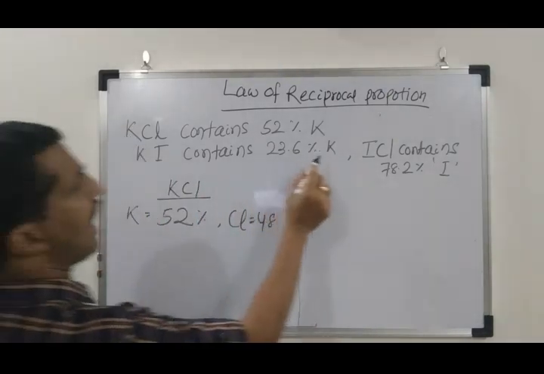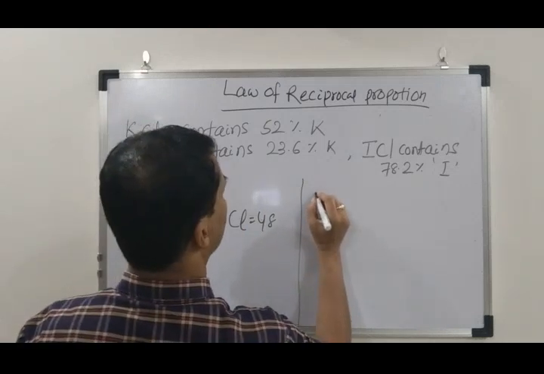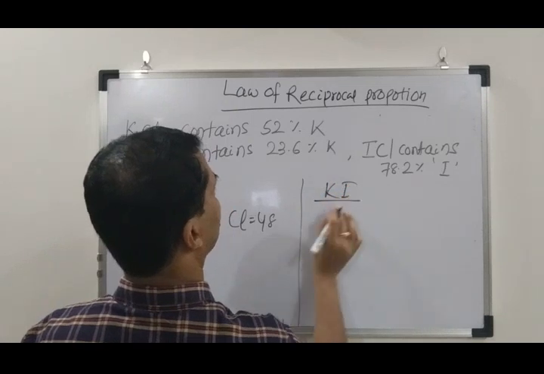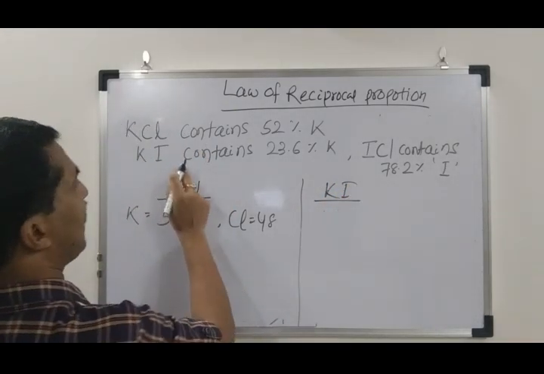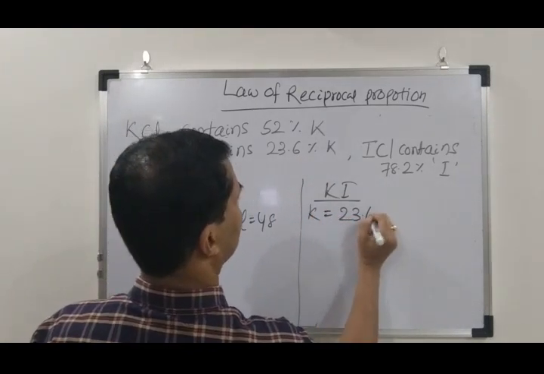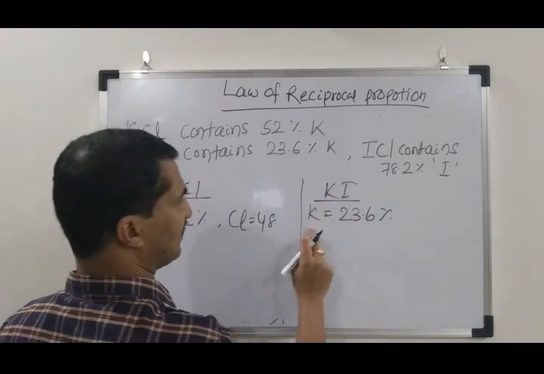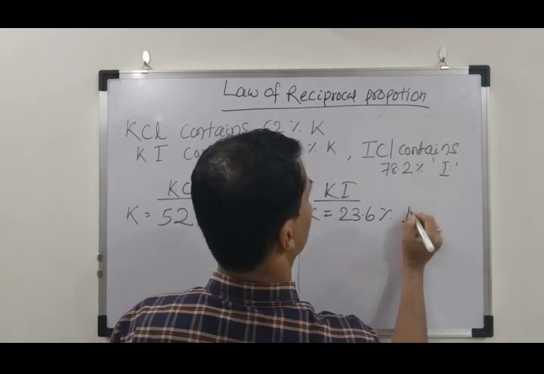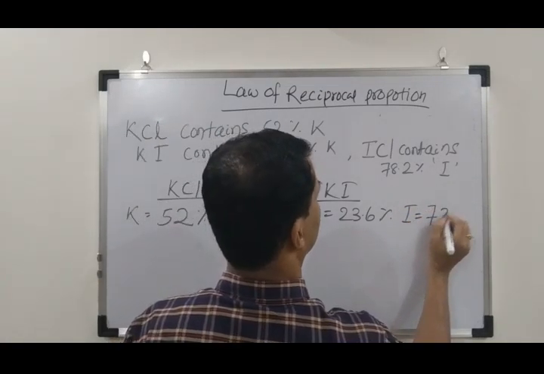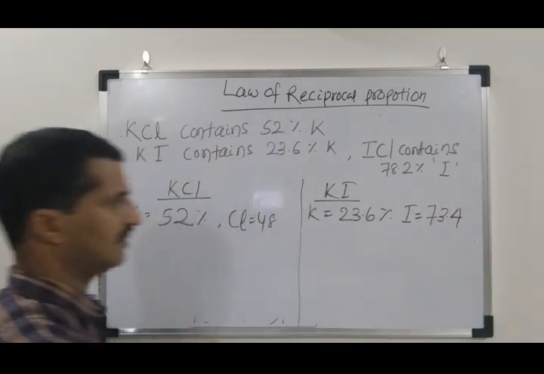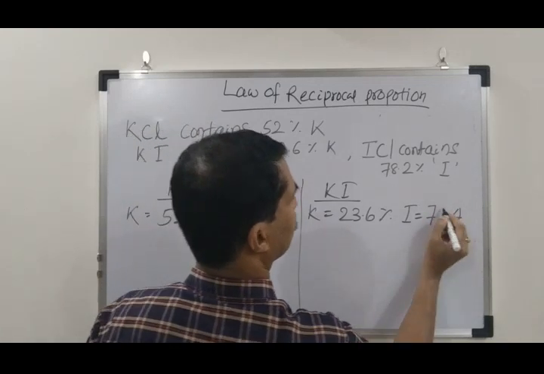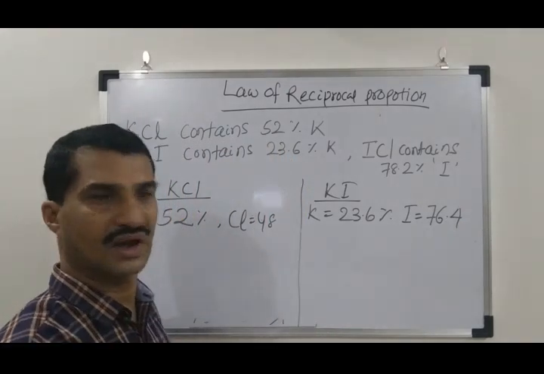Now potassium iodide: in potassium iodide, the potassium content is given as 23.6%. So what is the percentage of iodine here? If I subtract from 100, it will be 76.4. Correct?